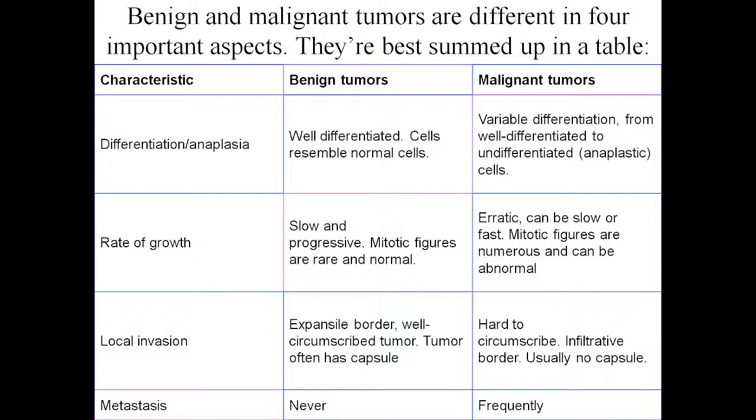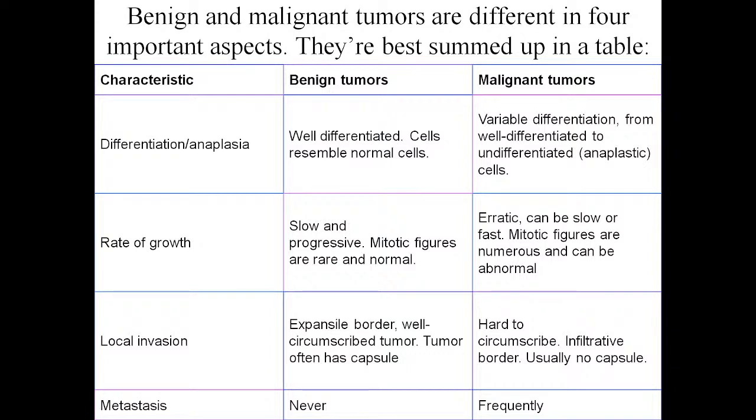Students, next aspect is local invasion. A benign tumor has an expansile border, a well circumscribed tumor, and the tumor often has a capsule.